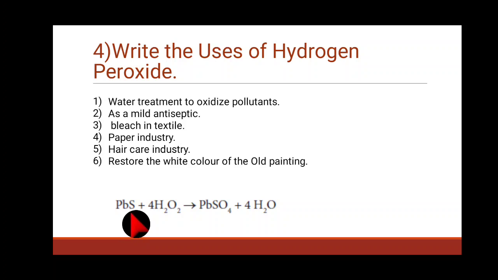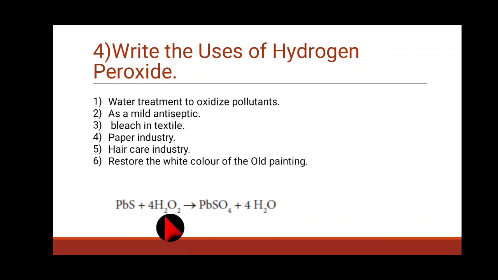The black lead sulfide turns to white by using hydrogen peroxide. In this equation, when lead sulfide is treated with hydrogen peroxide, lead sulfate and water will form.